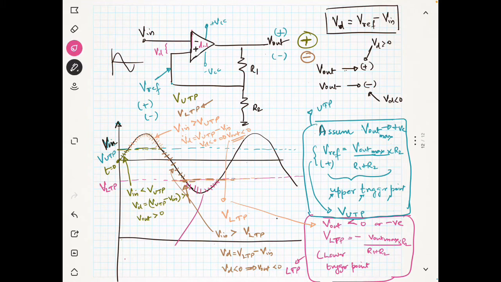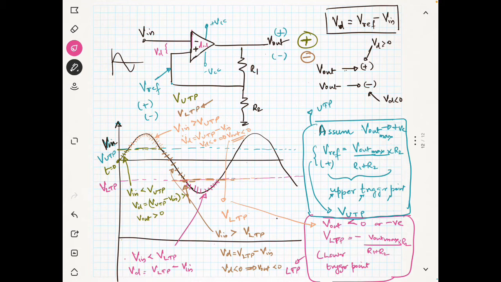So at this point you know that your Vin is less than VLTP, and what is our VD? VD is equal to VLTP minus Vin. If Vin is less than VLTP, what will happen? Will it change?